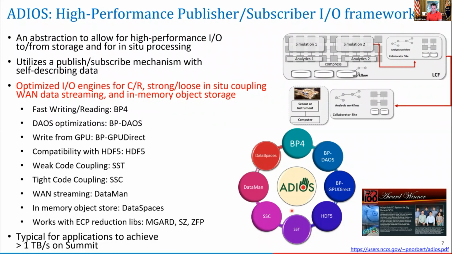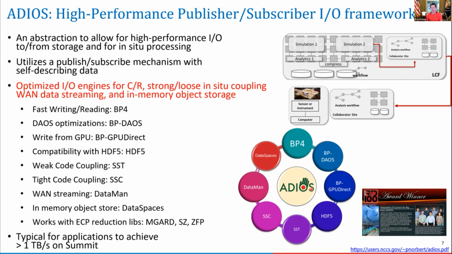So you can change the engine so that you can make the ADIOS API work as if it's writing ADIOS self-describing data, optimized for DAOS, for their object store, or going through GPU Direct, which is what you'll see on systems that have NVIDIA and direct attached storage to NVIDIA, or when we get over to Frontier.